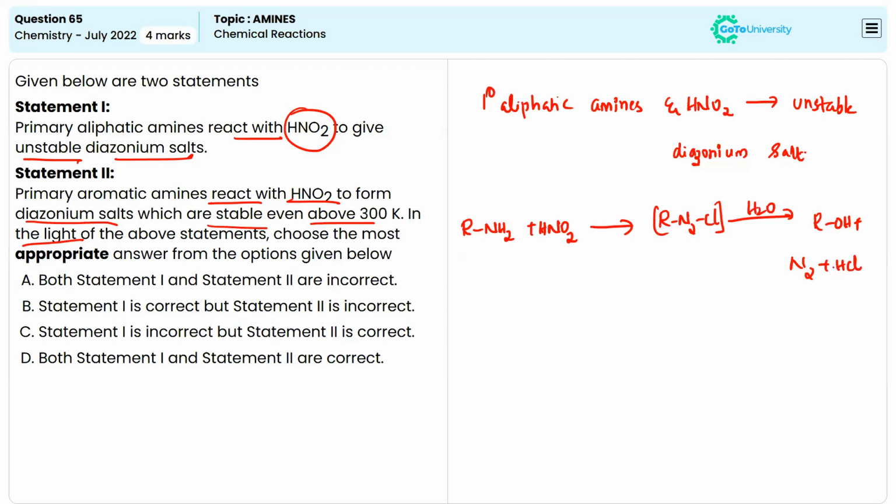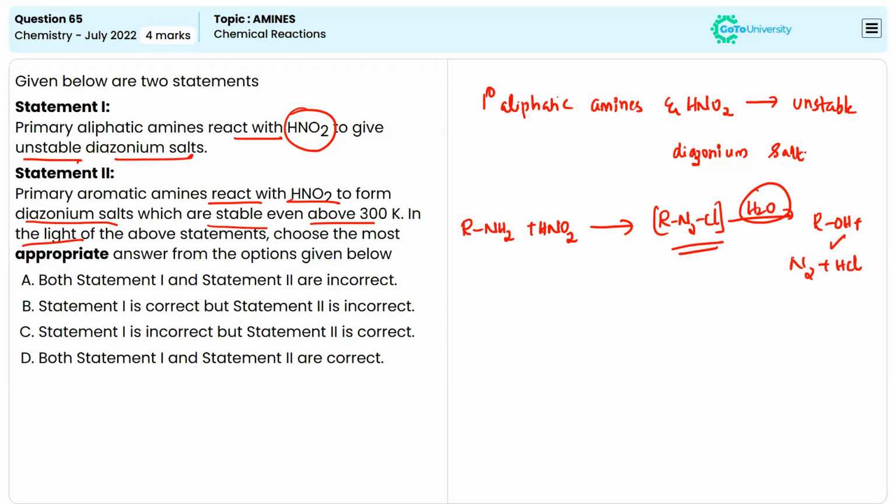So this is the reaction. Now we can see the primary aliphatic amines react with nitrous acid and convert into unstable diazonium salt. This unstable diazonium salt on further reaction with water converts into the alcohol.